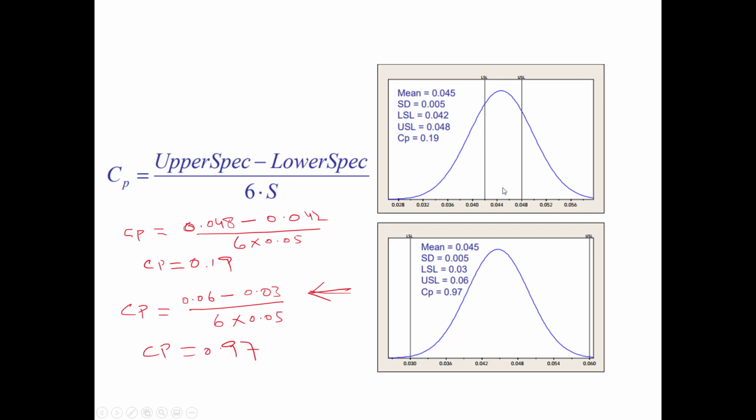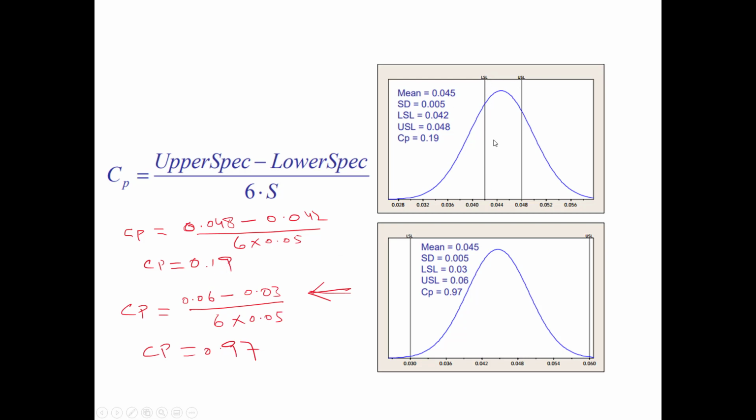It's not capable for 2, 3 or 4 standard deviation. To check it, you can easily calculate the Cp value. Upper specification is 0.048 minus lower specification 0.042, divided by 6 standard deviation, and the standard deviation value is given to you. You can see the value is 0.19, which is much less than 1. That is why the process is not capable.